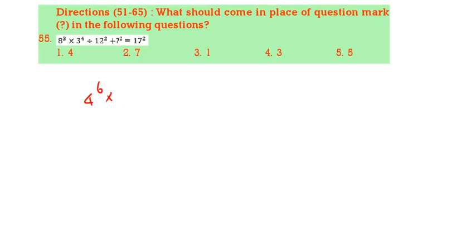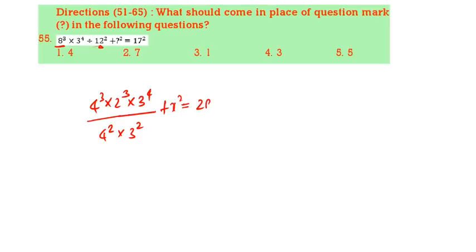Or else we can write like this. 8 cube can be written as 4 cube into 2 cube into 3 power 4 by 12 square. 12 square can be written as 4 square into 3 square plus x square is equal to 289.